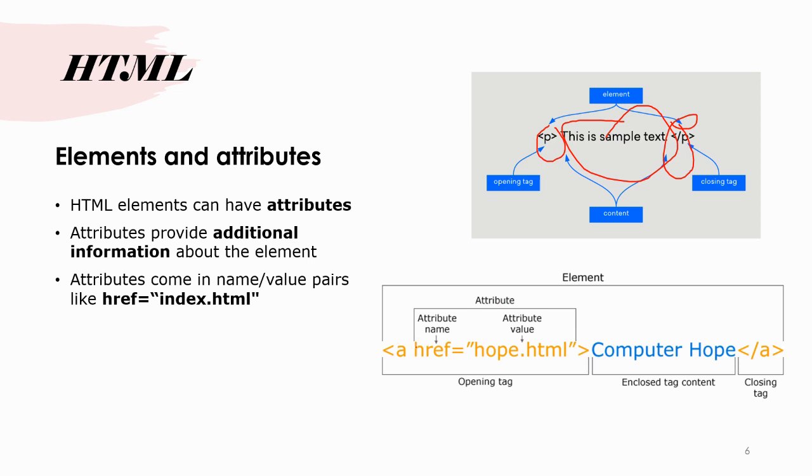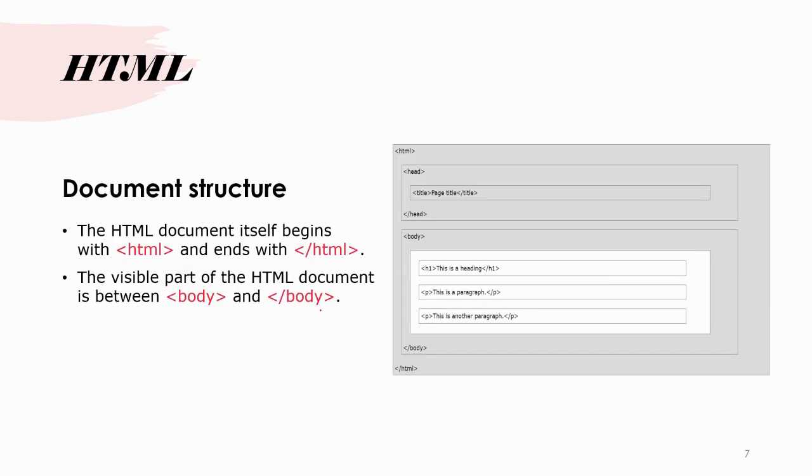Attributes add values and properties to the element itself. The attributes could vary, and normally an attribute has the attribute name with the equal sign, and also the value that you want to put inside it. Okay, so that is attributes. It's additional information for the elements.